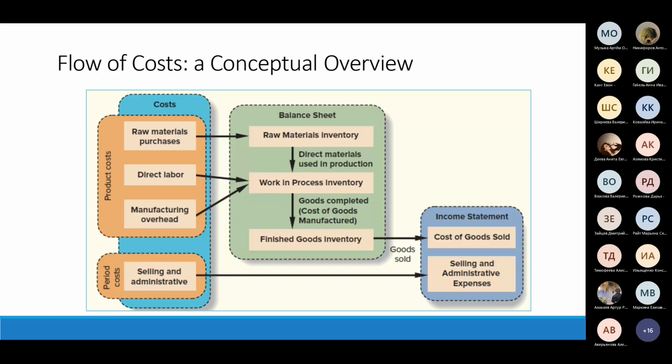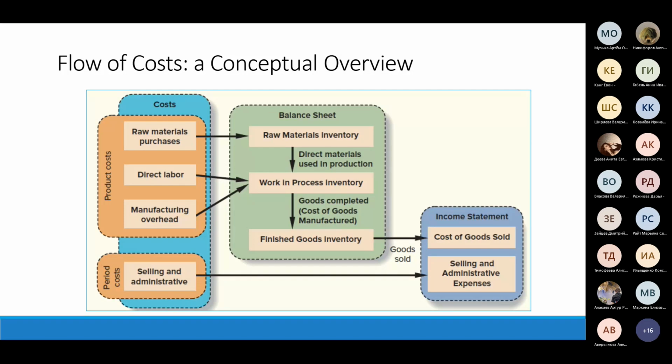And those documents are related to each other with the specified values. So the cost is collected on a production system. Then we collect specific costs like selling and administrative costs using period costing, and then move it to the balance sheet and to the income statement.